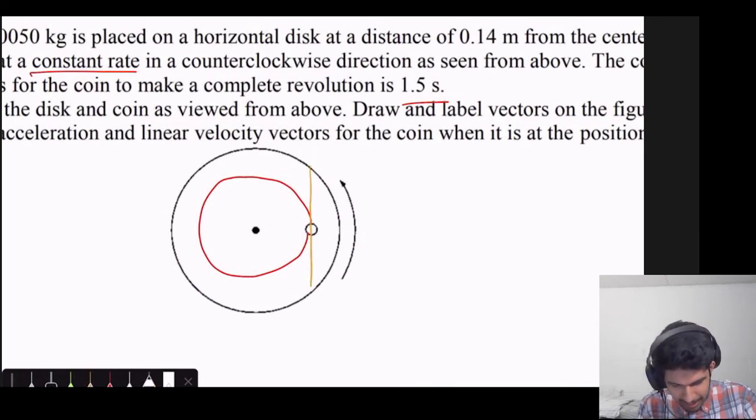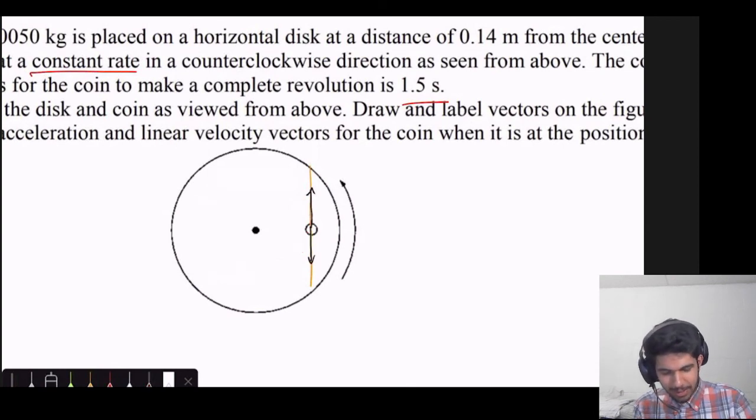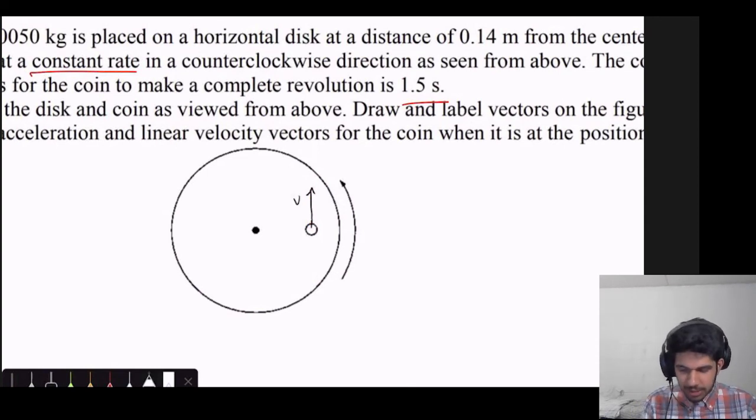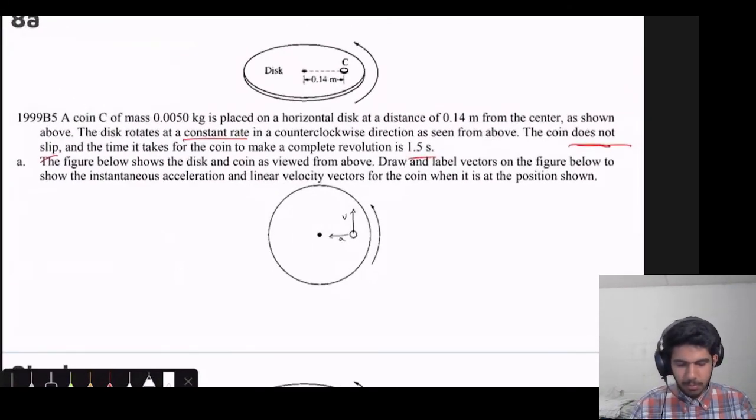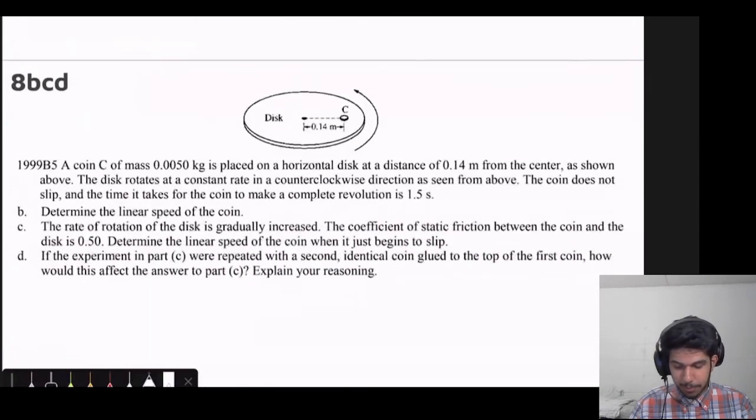So the velocity is either pointing this way or this way. And it should be kind of clear that it should be pointing upwards because the disk is turning anti-clockwise, so we want the velocity vector to be pointing in the same direction that it's moving, right? The same direction that the disk is turning. So that is our velocity vector. And acceleration is the other thing we want to label, and that we should remember is pointing inwards. So that's our acceleration vector. So that's part A, pretty simple.